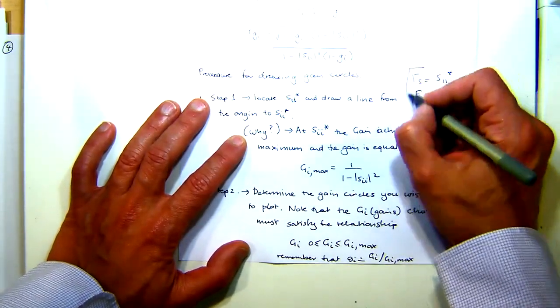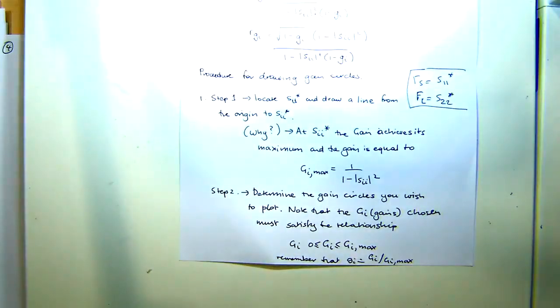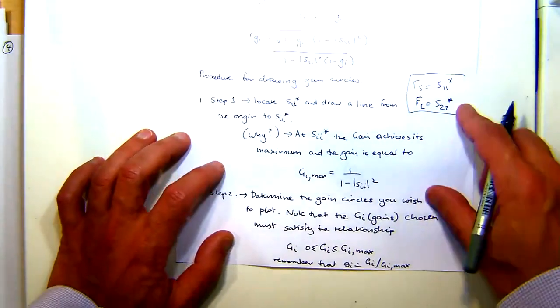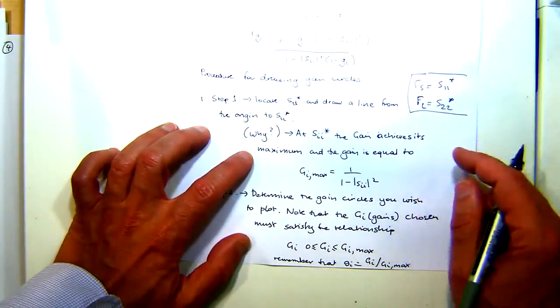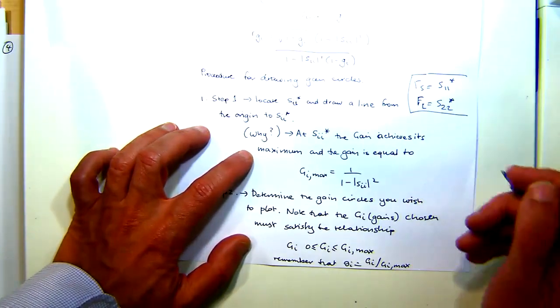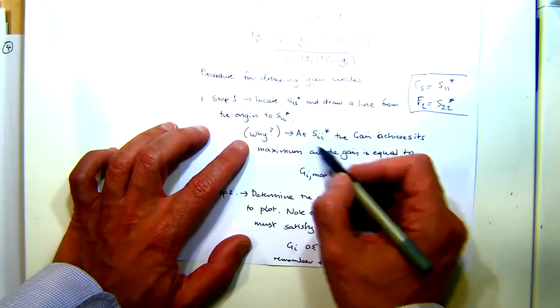Nothing special. Okay, and what we can do is resubstitute into that, and draw the point S11 conjugate on the Smith chart.